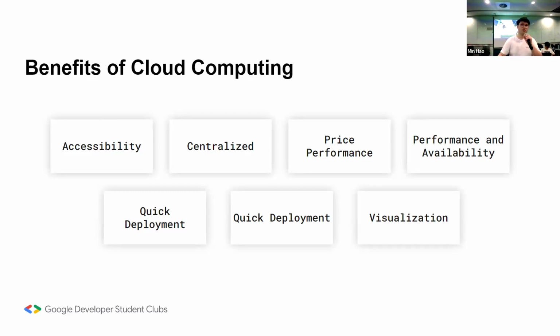Price performance. So obviously, running things on the cloud on the industrial scale is not free, definitely. But at the very least, for the performance that it's providing, it's actually very worth it in certain use cases where you are publishing your application live for the audience. So in terms of the price versus performance ratio, it's actually quite worth it when you compare it with building everything on your own.